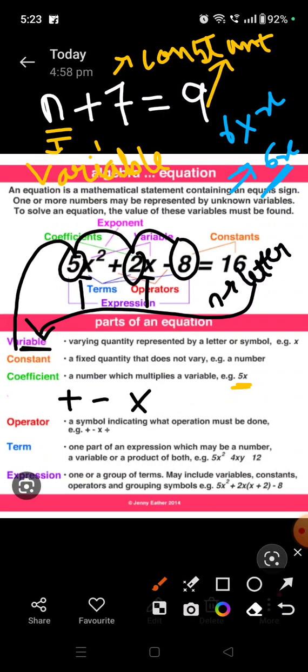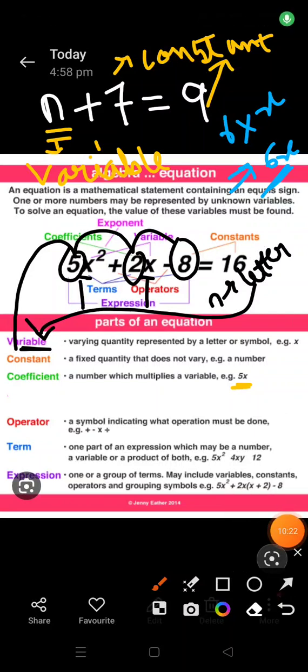Now what is a term? So this is the algebraic expression. Okay, term. We will know about term.